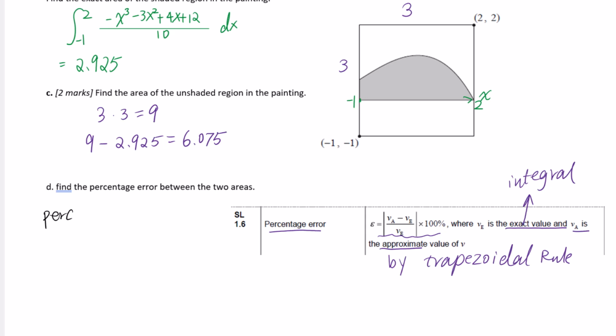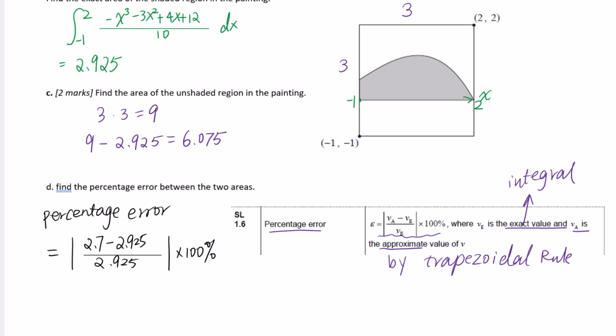Therefore, the percentage error equals the absolute value of the approximate value 2.7 minus the exact value 2.925, all over 2.925, then times 100%.